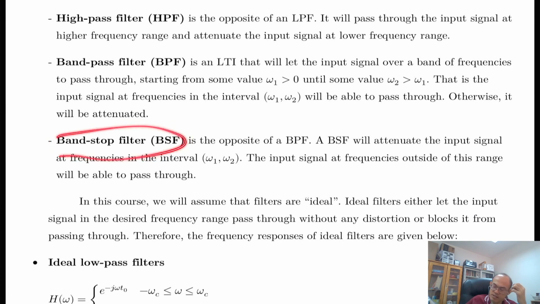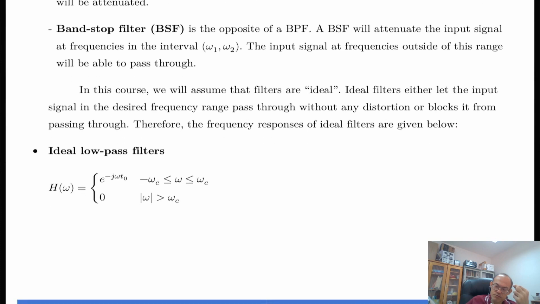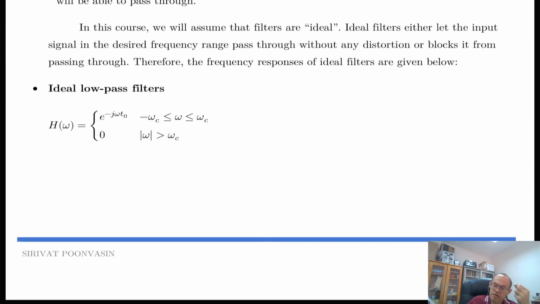Band stop filter is contrary to the band pass filter. While band pass filter allows a certain frequency range to pass through, band stop filter will reject a certain frequency range from passing through.